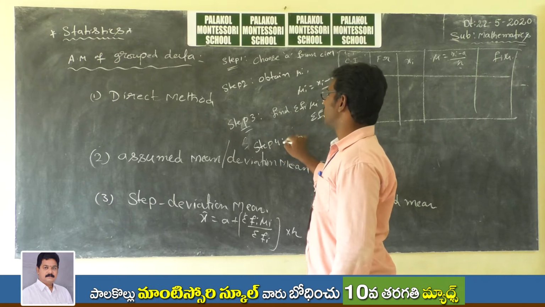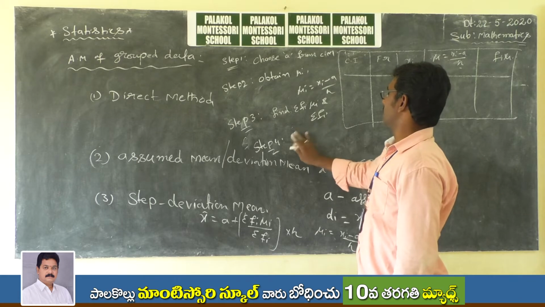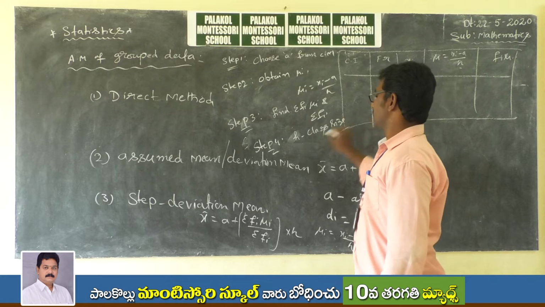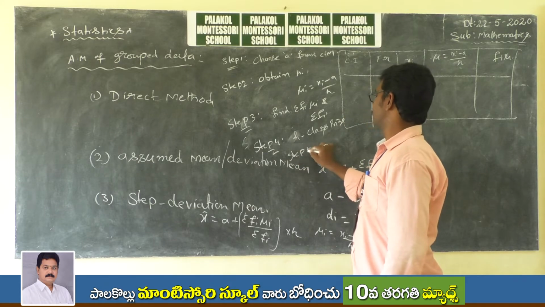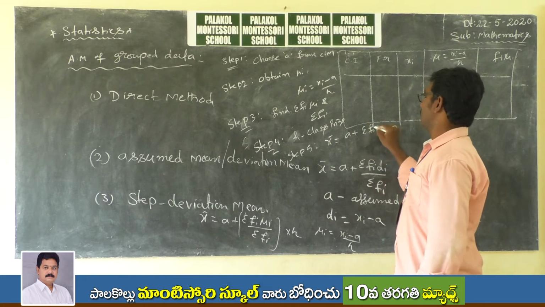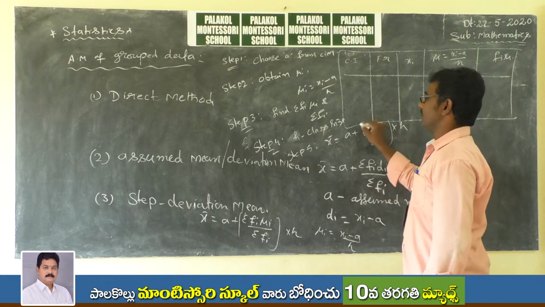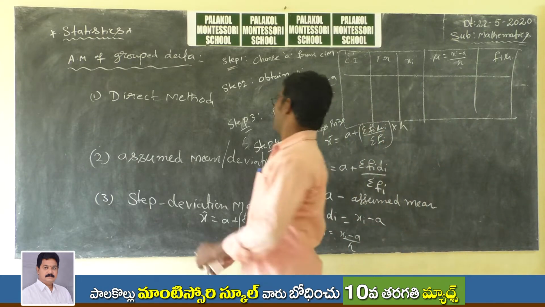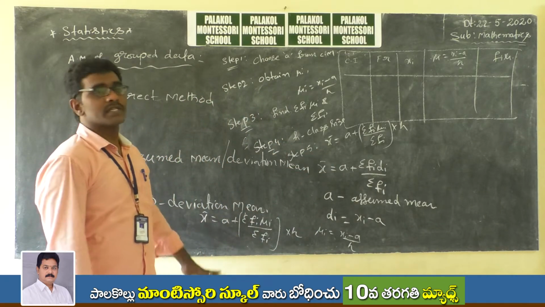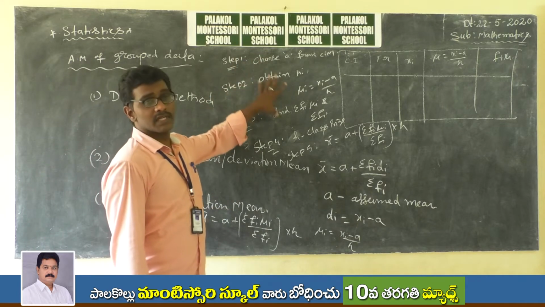Step 4: h is the class size. Step 5: x bar is equal to a plus sigma fi ui by sigma fi into h. All these values are obtained in step 5, and you get the step deviation method. Okay, these steps are there.